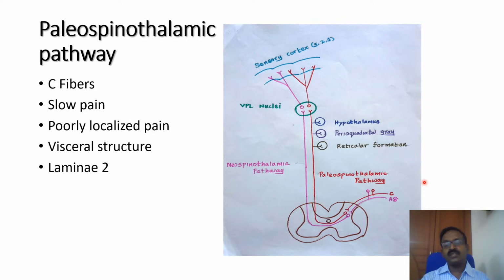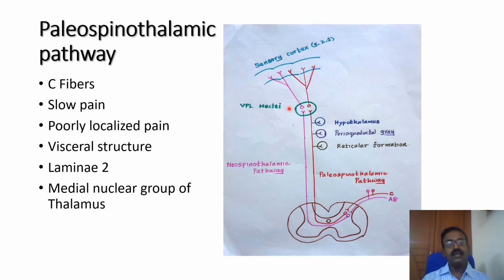The first order neurons enter lamina 2 of the dorsal horn of the spinal cord, cross the midline, and ascend in the medial funiculus to reach the medial group of thalamic nuclei, the midline and intralaminar nuclei.